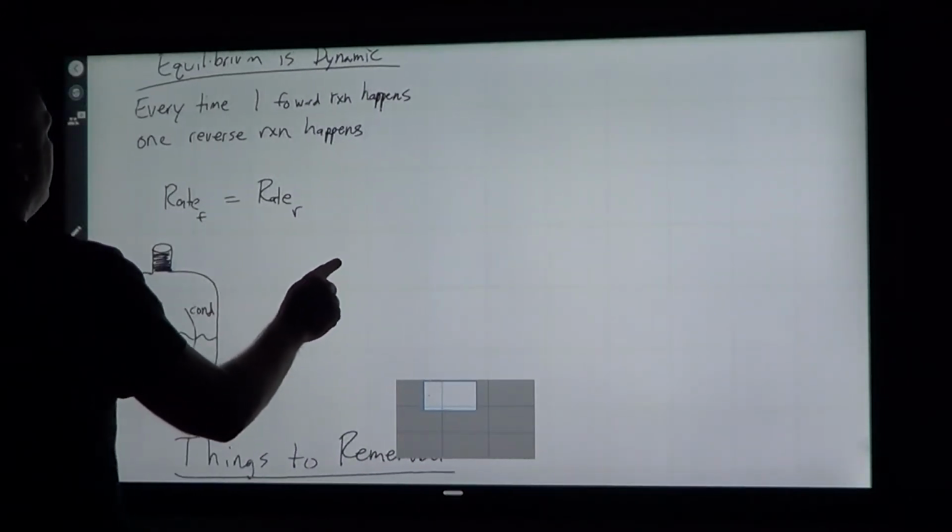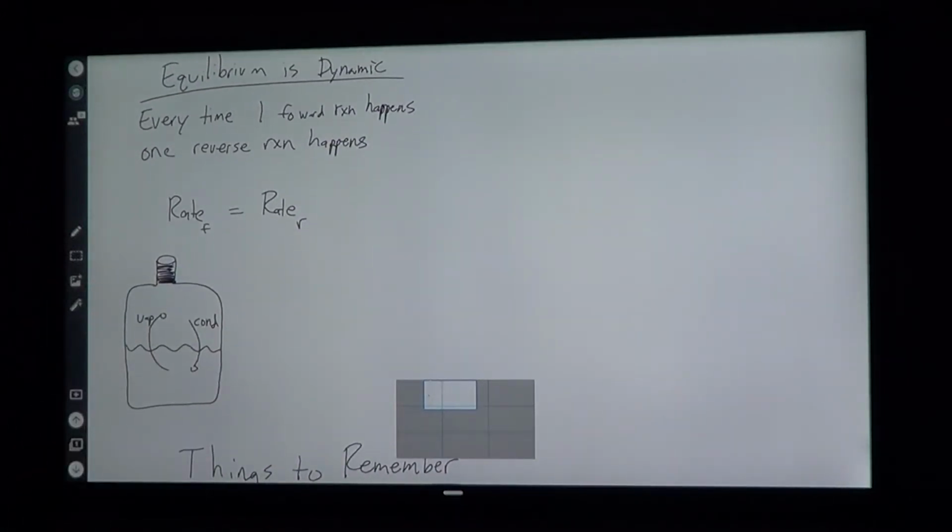Okay, so it's important to remember that equilibrium is dynamic. Okay, so what that means is every single time one forward reaction happens, one reverse reaction happens. It's not just sitting there doing nothing.